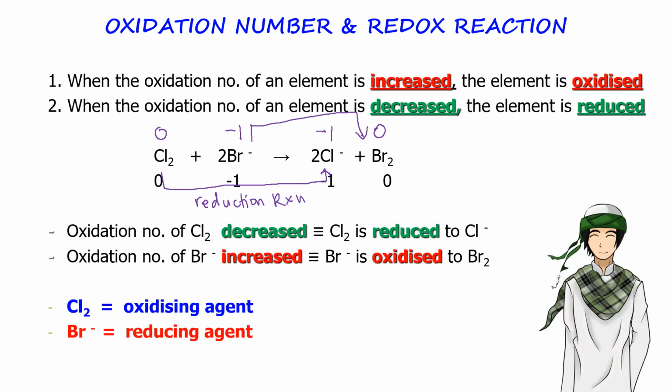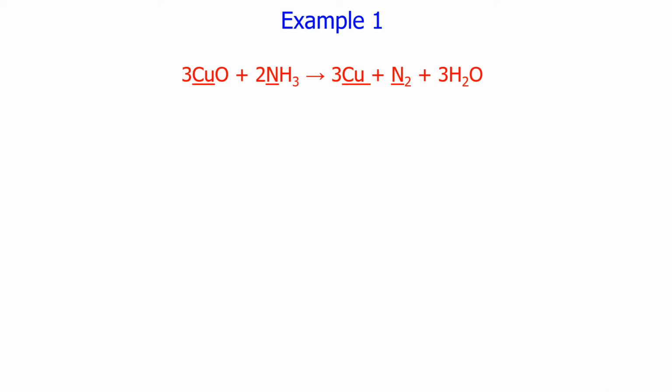Very simple, right? So then example 1. Here you have the oxygen. You can see from the equation that it is very easy to find out the oxidizing agent and also the oxidation reaction and the reduction reaction when we deal with oxygen.